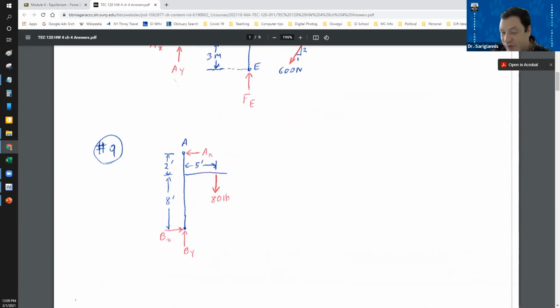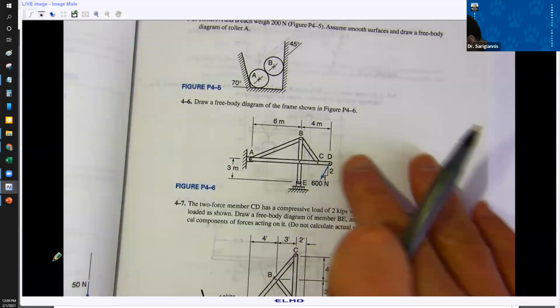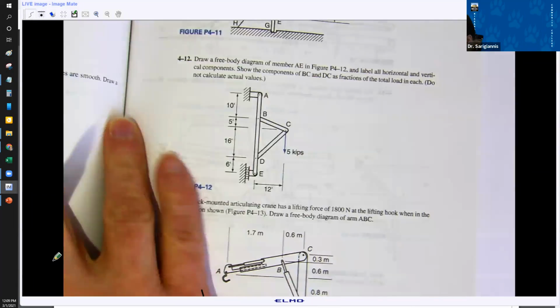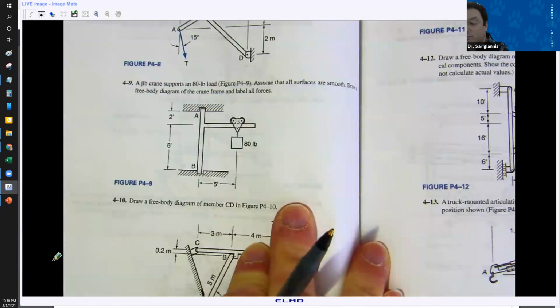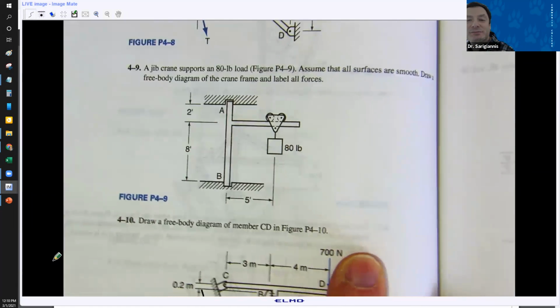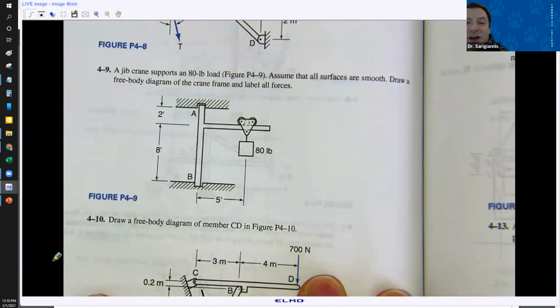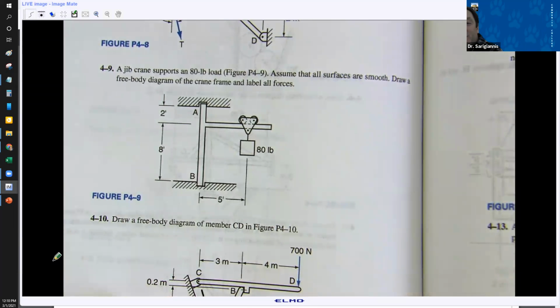All right, number 9. Number 9 was supposed to be straightforward, but the picture, it looks like, confused some people. I'm going to zoom in here. A jib crane supports an 80-pound load. Assume all surfaces are smooth, draw a free body diagram of the crane, and label all forces.